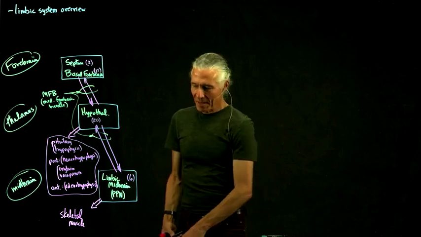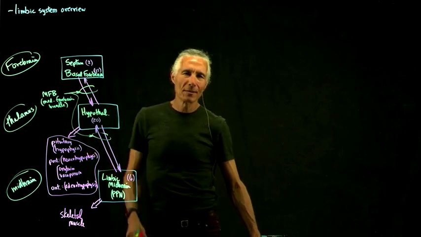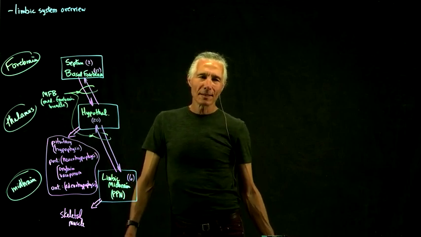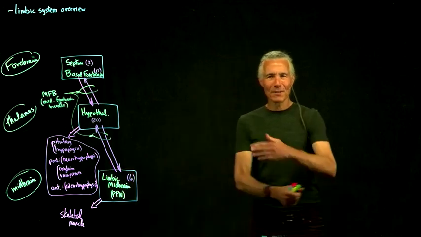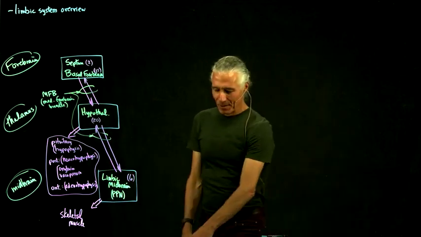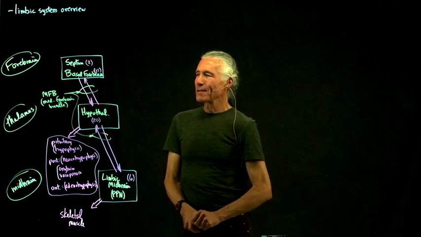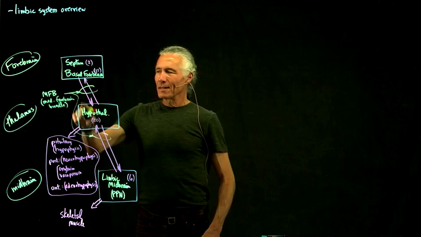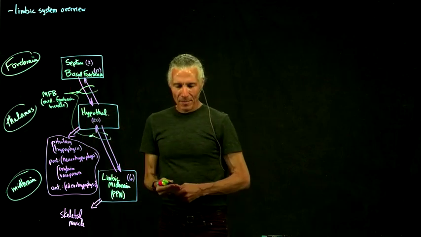If you want to read about the medial forebrain bundle, the guy who wrote that neuroanatomy book, Rudolf Nieuwenhuis, that Dutch guy, he's the dean of the medial forebrain bundle. He's studied all the different pathways going every which way in it. Okay, so that's the medial forebrain bundle, septum, basal forebrain, hypothalamus, and limbic midbrain structures.